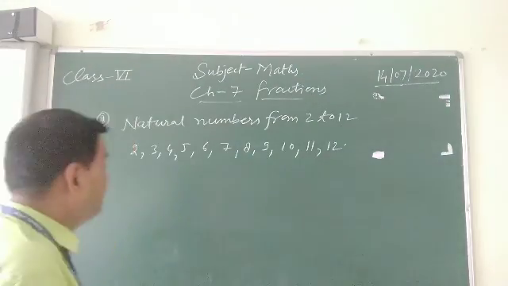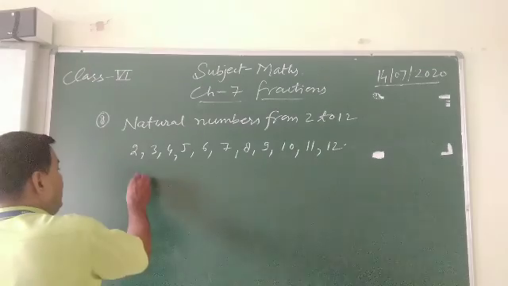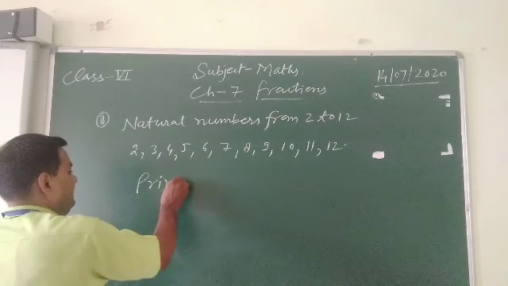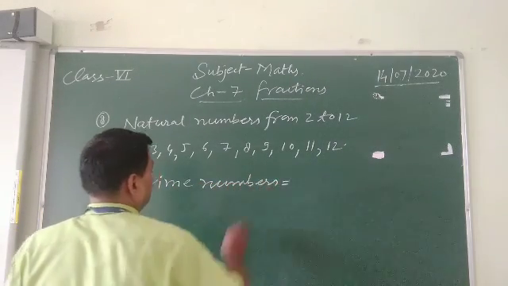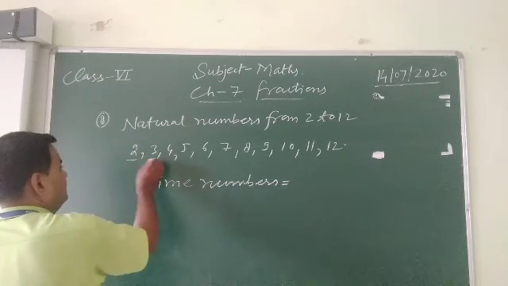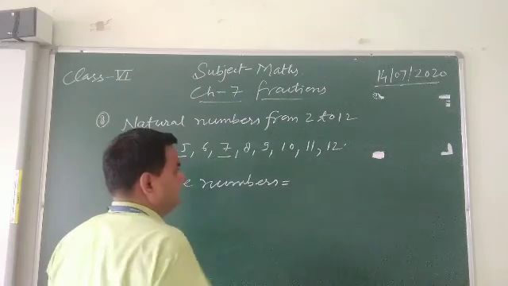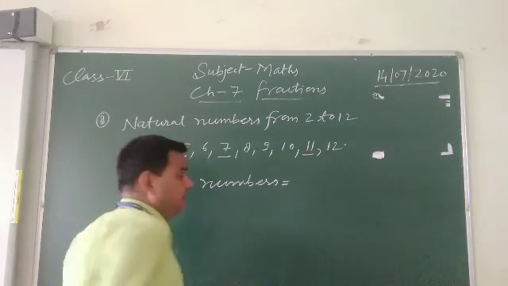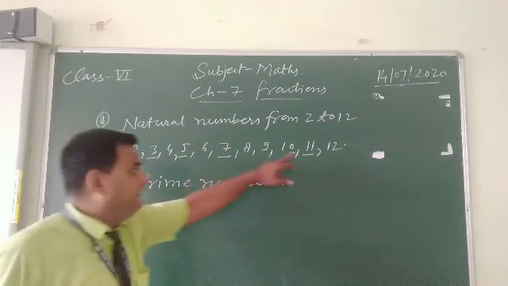So how many prime numbers between them? There are prime numbers equal to 2, 3, 5, 7, and 11. So there are 1, 2, 3, 4, and 5.